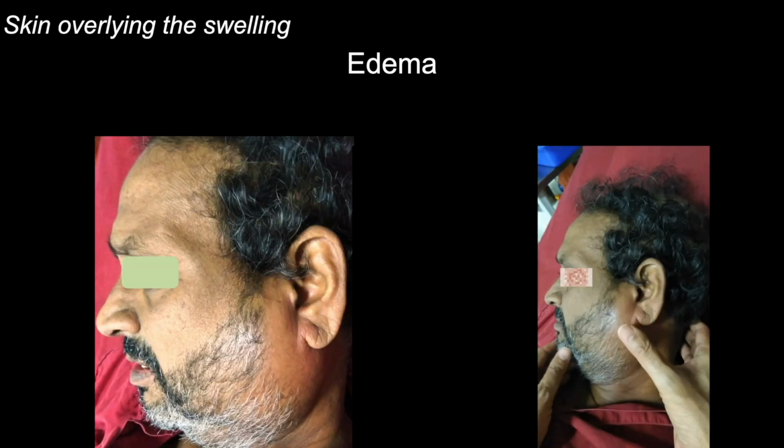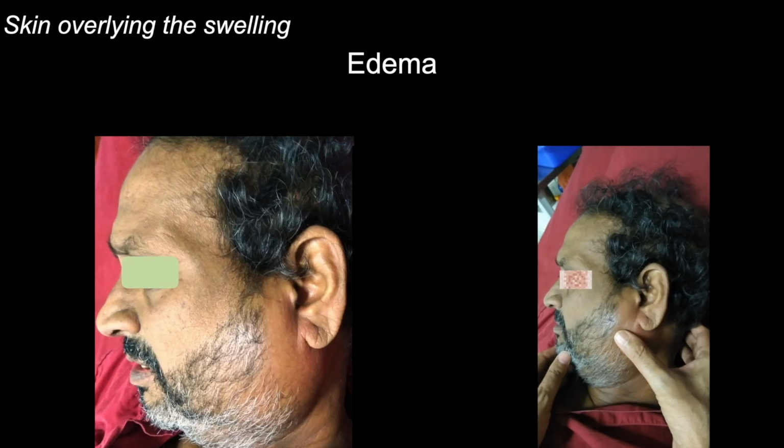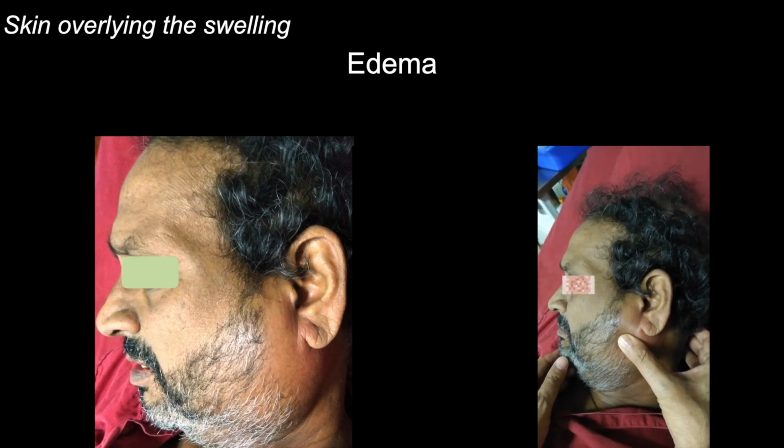Edema of the overlying skin may develop in inflammatory or malignant swellings. This was a case of acute parotid abscess. Can you appreciate edema? Let us confirm. Pressure is being applied upon the swelling gently because it was painful and tender.